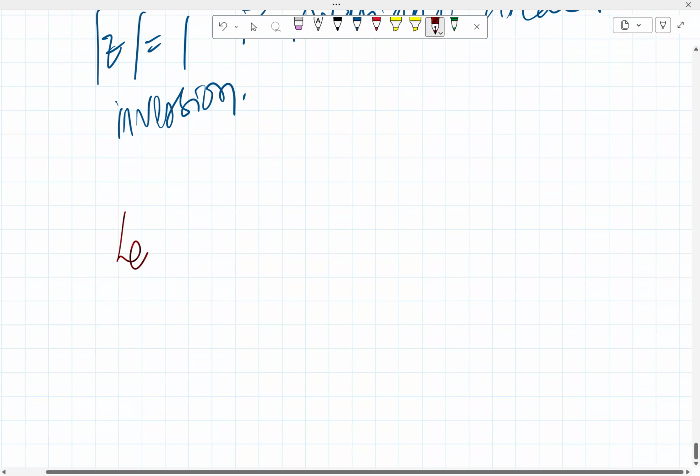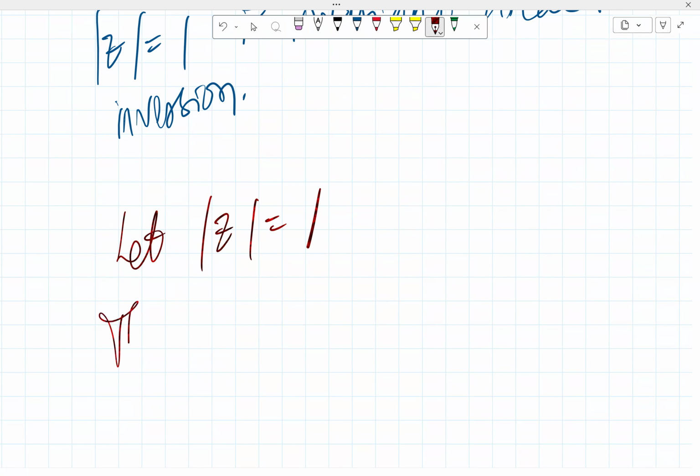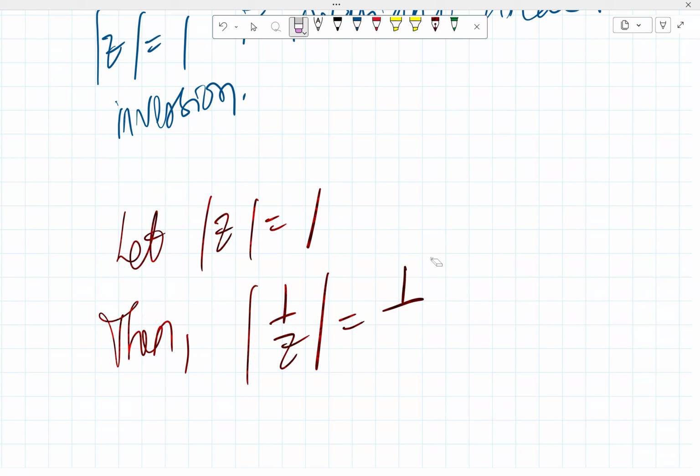Okay, so here we say let absolute value of z be equal to 1, like we know. Then under inversion, absolute value of 1 over z is equal to 1 over absolute value of z.